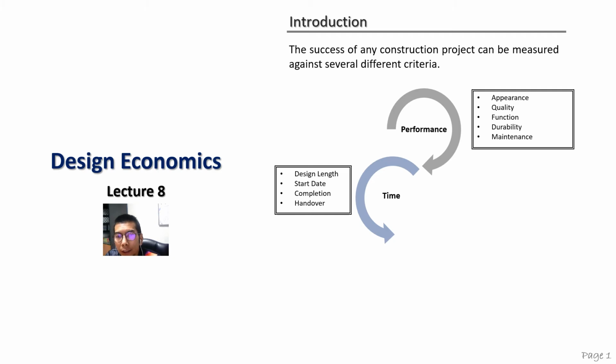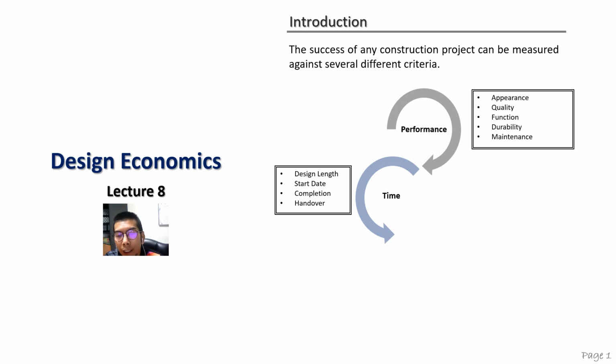The second factor is time. As I think I mentioned a few times in some of my previous videos, particularly in Malaysia, we quite have a problem finding a project that can be completed on time. Time will determine the success of your project.